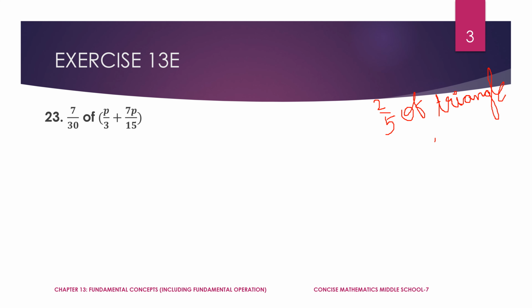So let's draw a diagram of a triangle. What they are saying is, the triangle is divided into 5 parts. In the denominator you can see 5, right? So that means the triangle is divided into 5 equal parts. 1, 2, 3. Oh my god, I am getting only 4. Let me extend my triangle.